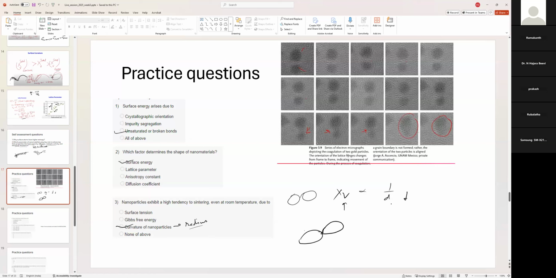So atoms would migrate from convex to concave surface. The concave, this is a convex. So atoms would migrate here, forming this neck, and finally they would fuse together into a bigger particle.